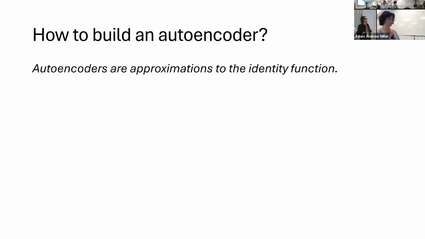Autoencoders are approximations to the identity function. So we're starting with our data, we're going to apply an identity function, and we're going to get our data back. We're going to define a structure for our approximation to the identity function, and that's what we're learning. We're learning how to multiply our data by 1 and recover it.